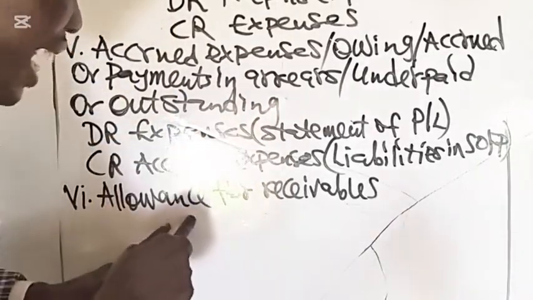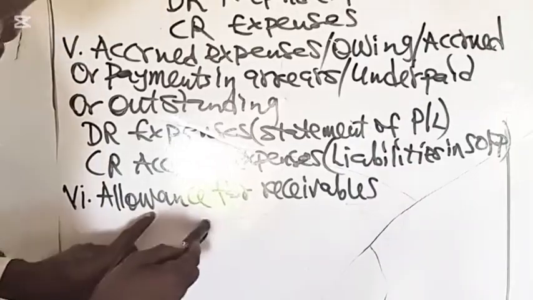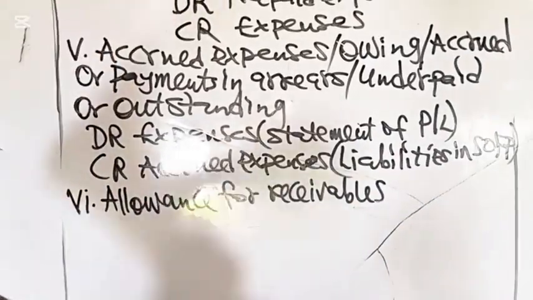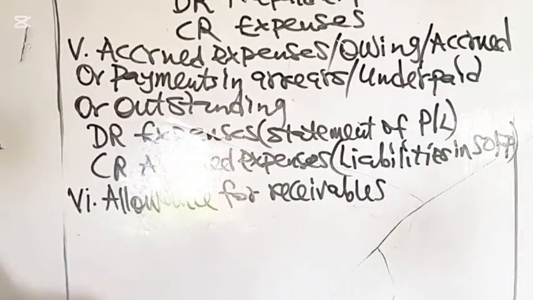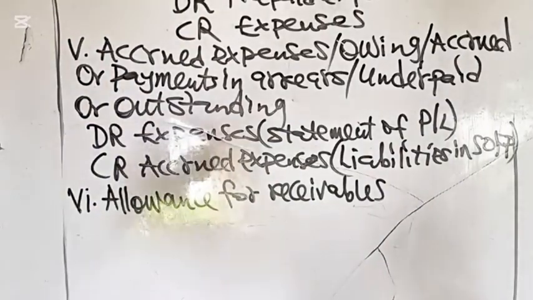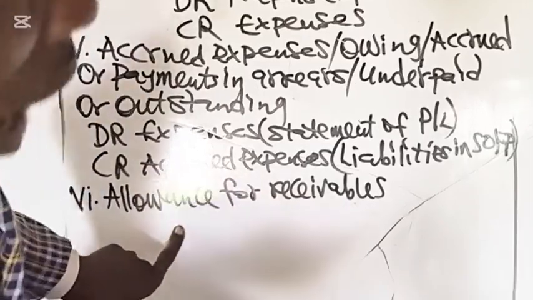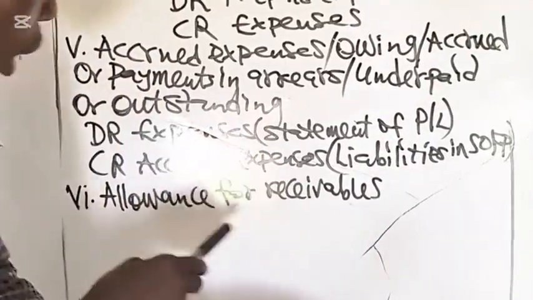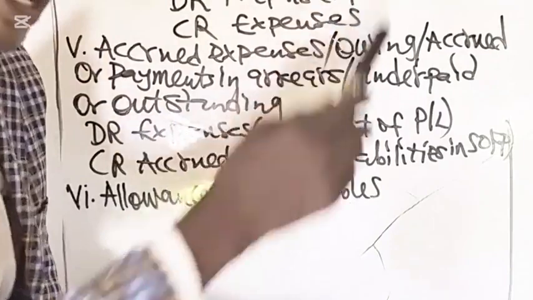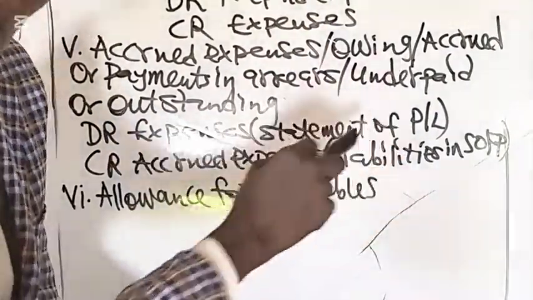An increase in allowance for receivables should be charged as an expense. Bear this in mind. How do you know whether it is an increase? Where the figure in the additional information is greater than the figure you are given in the trial balance, that means it is an increase.